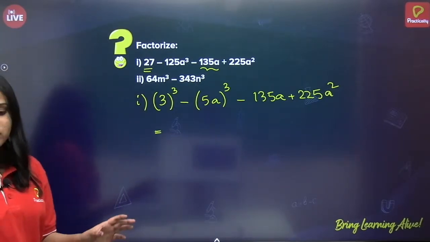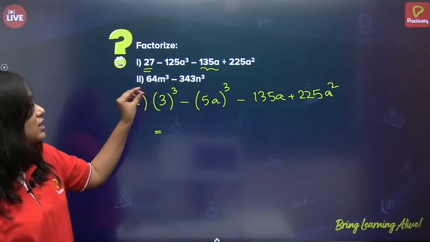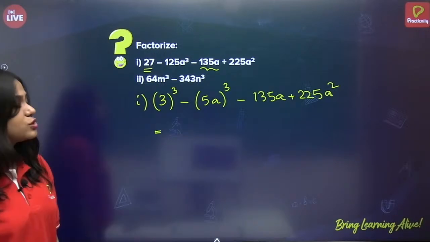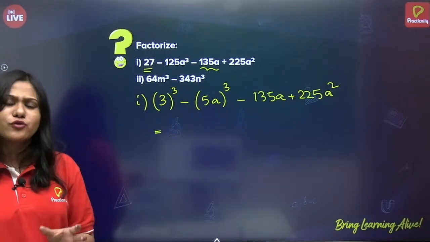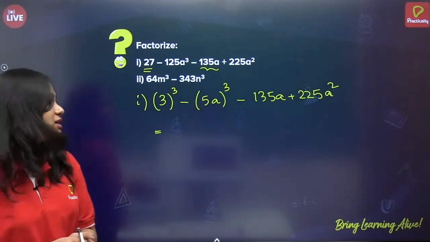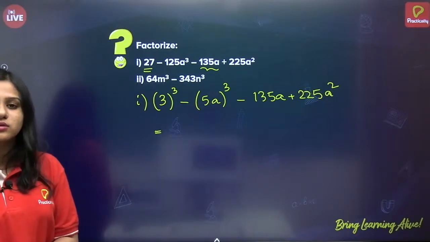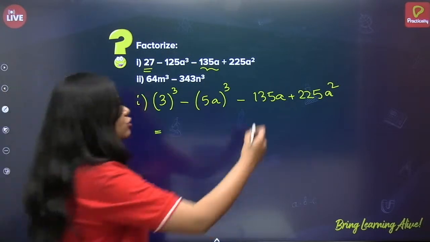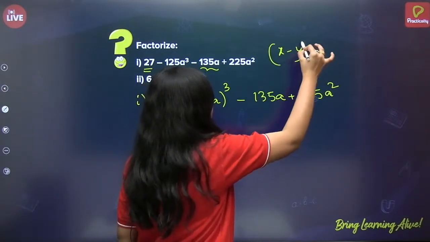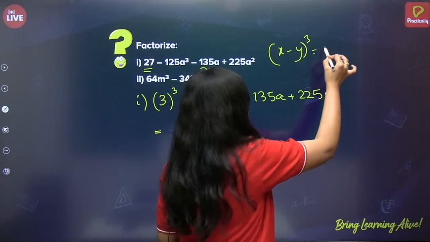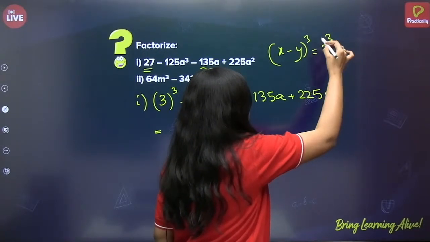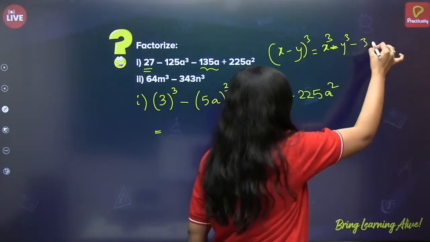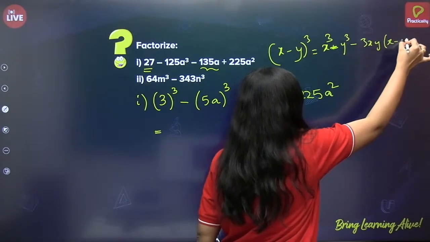So here you are seeing cubes, you also have a square, correct? So what can it be? Can it be of the form x plus y whole cube or x minus y whole cube? Of course, right? So x minus y whole cube is equal to x cube minus y cube minus 3xy of x minus y.